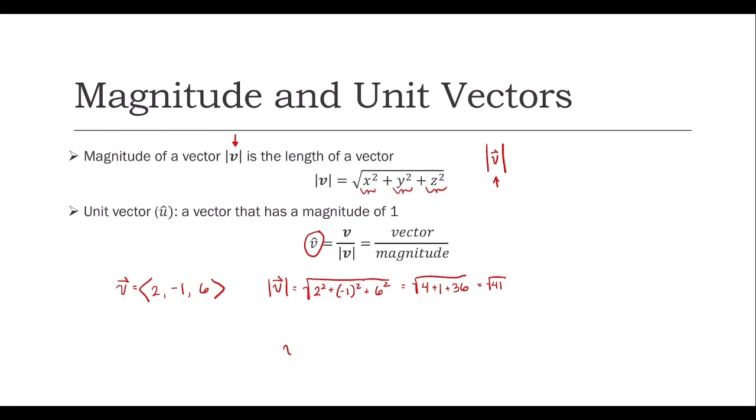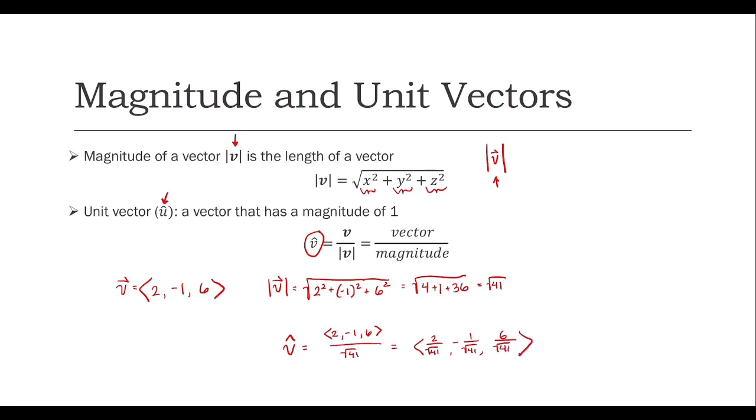Your unit vector, which has this little caret, the little hat, on top, means it's a unit vector. So this would equal our original vector, 2, negative 1, 6, divided by the square root of 41. You'll divide each component by the square root of 41. So this would be 2 over the square root of 41, negative 1 over the square root of 41, 6 over the square root of 41.